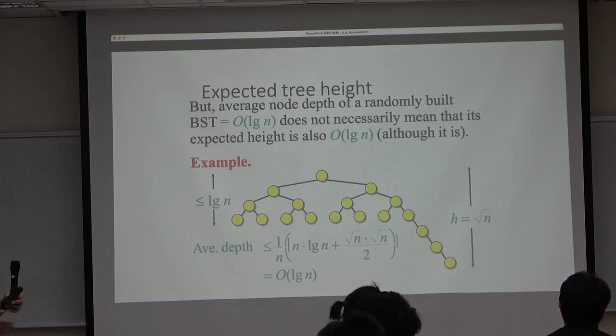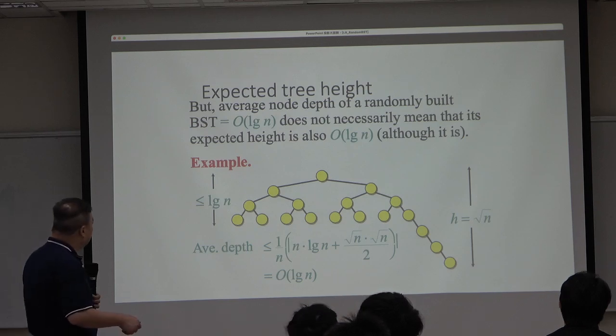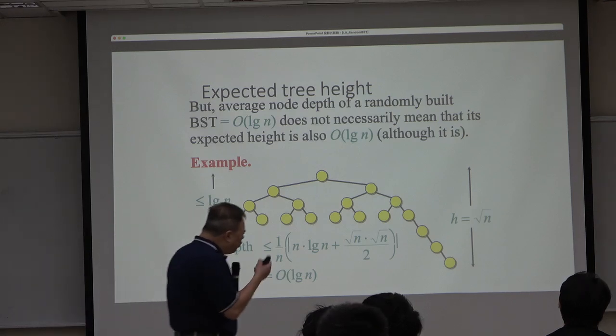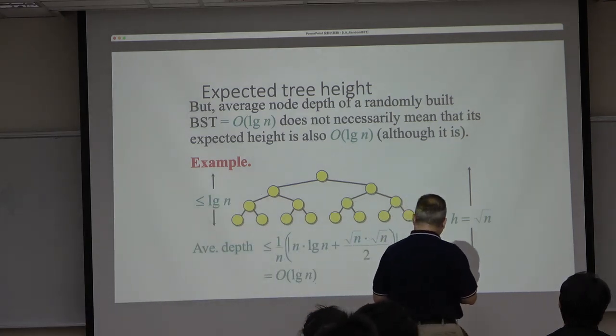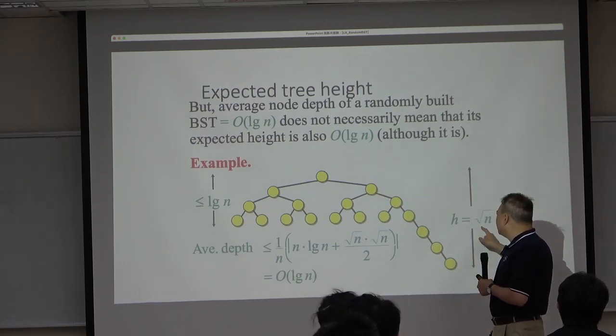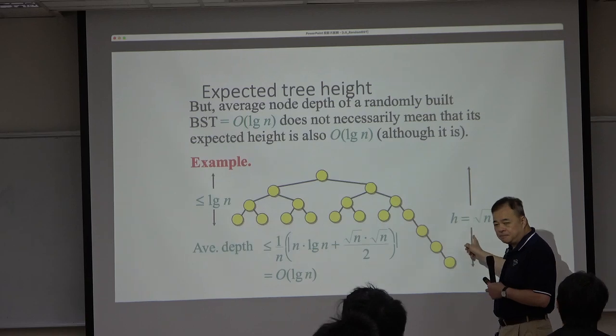So here we try to give you an example. In this example, you can see that most of the nodes have depth less than or equal to log n. There's only one branch, and in this branch the depth is square root of n.